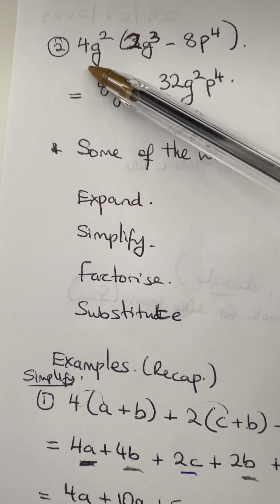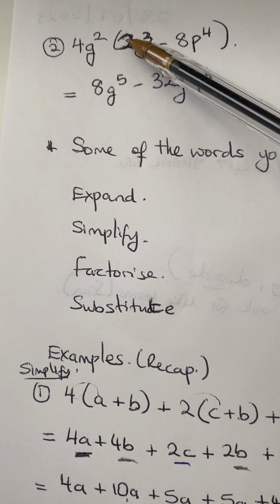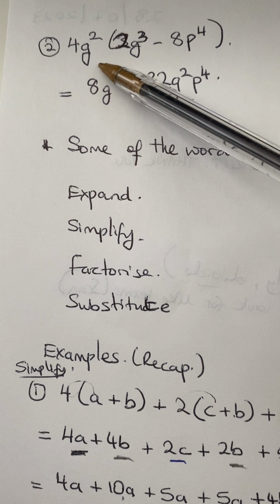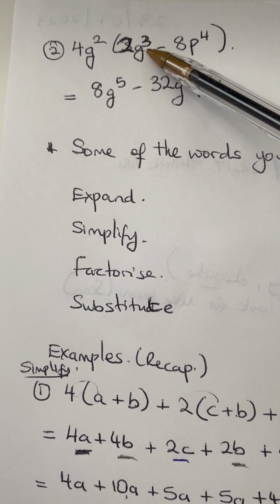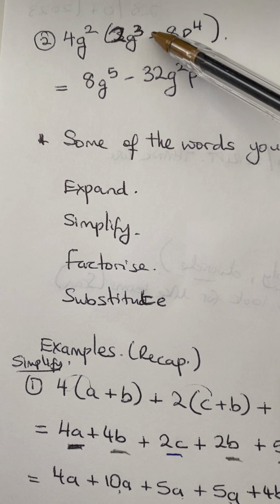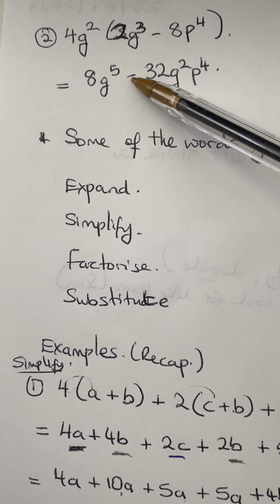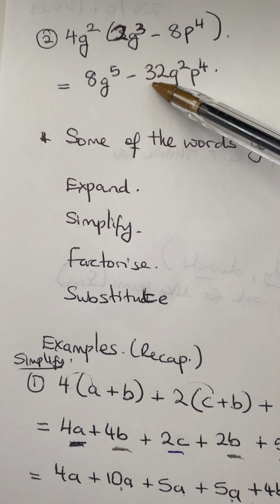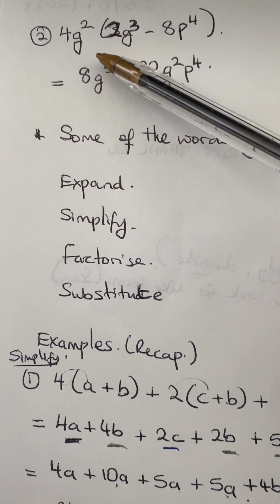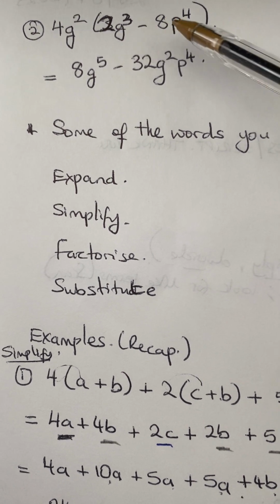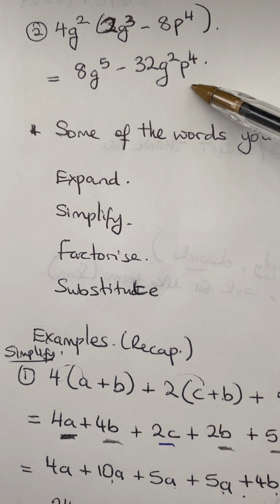So 4g times 2g cubed: 4 times 2 is 8, g times g cubed is g to the power 5. Now minus 4g times 8p is minus 32, g to the power 4 p.